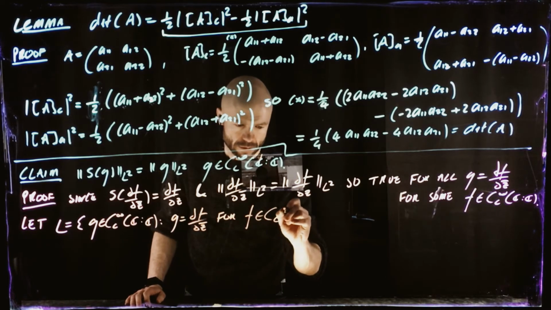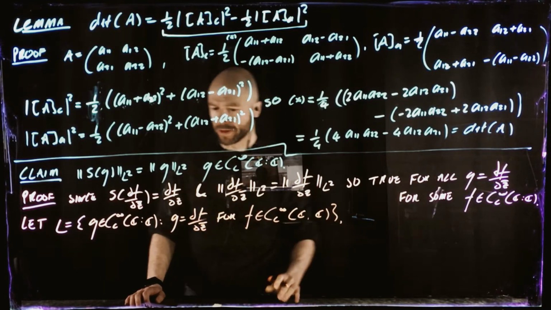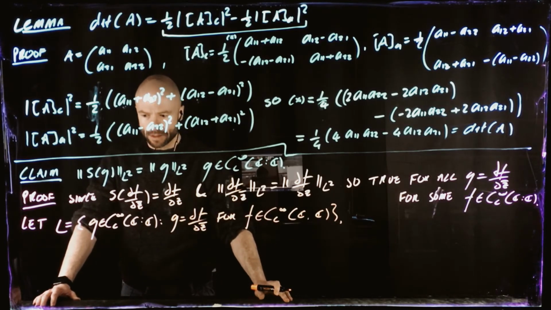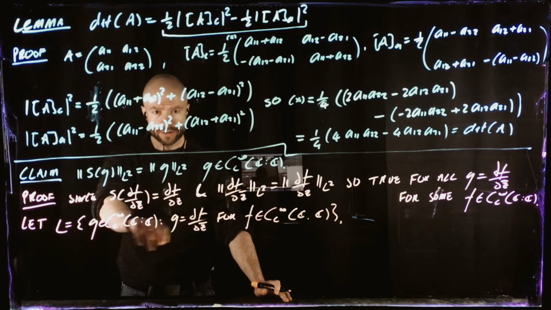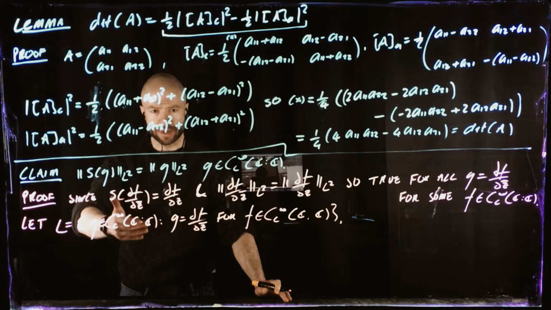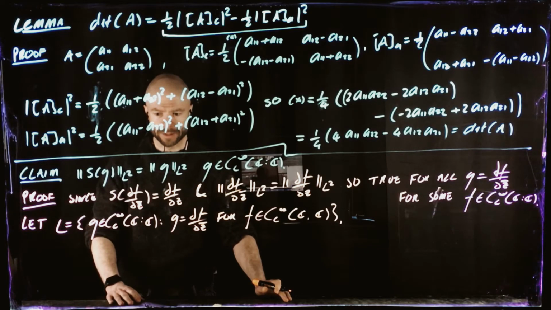Let's let L be this thing. So this thing has got obvious nice structure, right? If we add any two functions, they're still inside this space. If we linearly multiply such a function, it's still inside this space. So it's actually a subspace.